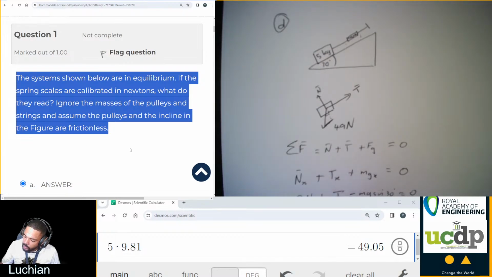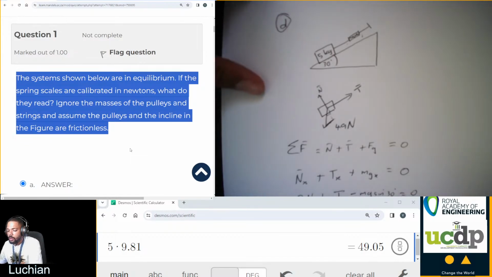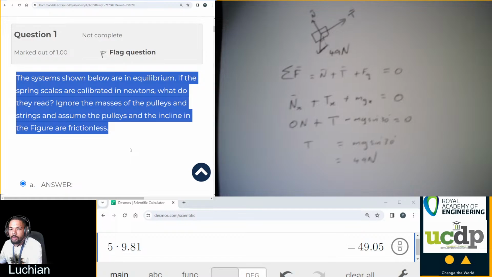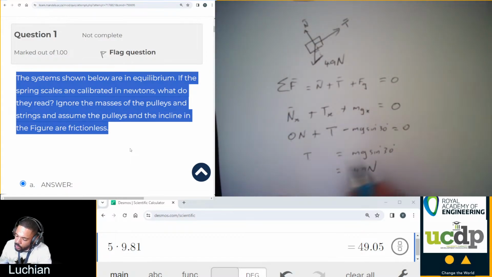So the tension is equal to mg times the sine of 30, and mg is 49 newtons.